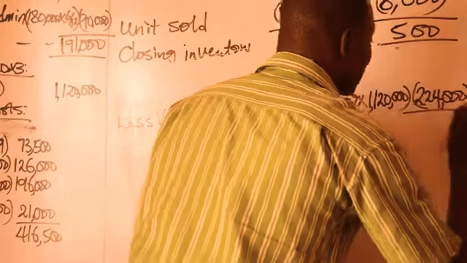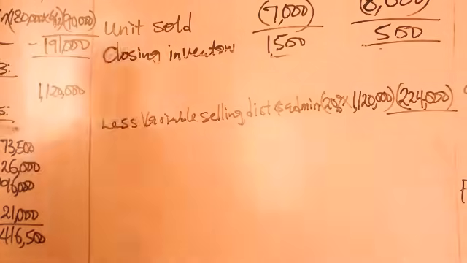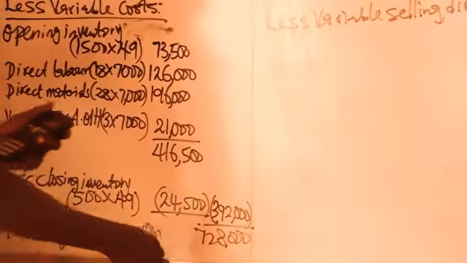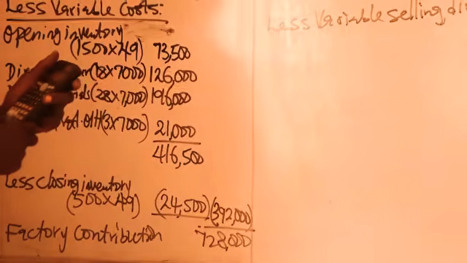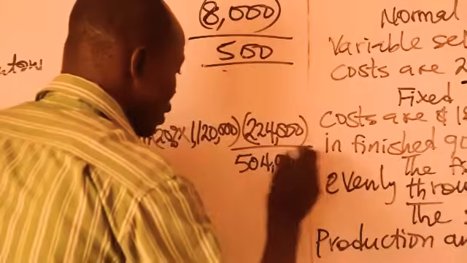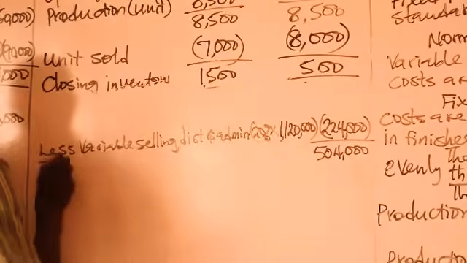If you subtract 224,000 from the factory contribution of 728,000, then you will have 504,000. That is the total contribution.